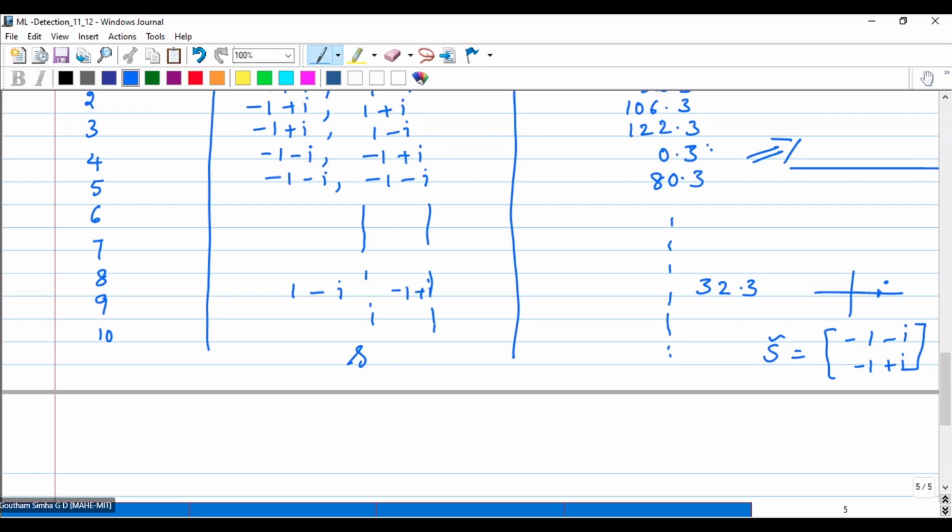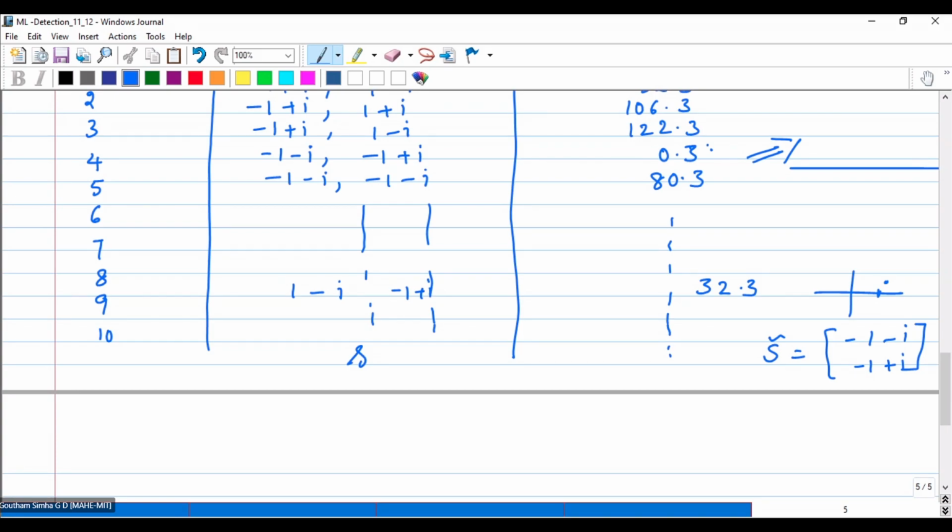But the trade-off is that if you are getting ML at 10 dB, you may have to get it somewhere around 11.5 dB. Some trade-off will always be there. This is one kind of detection. How MMSE can be integrated with ML detection becomes another big issue.